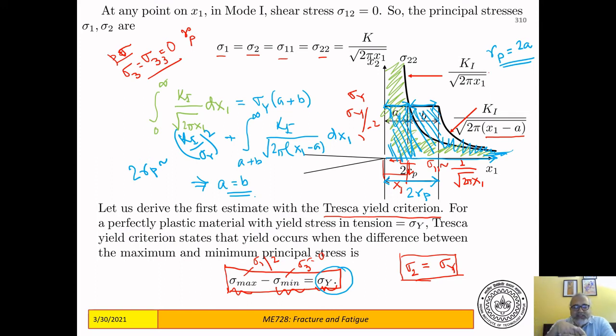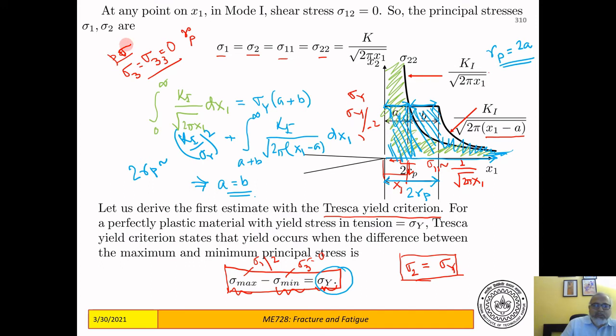In many metals, sigma y would be a function of the plastic strain, and therefore it will change as the plastic strain changes. So those are called hardening materials, and we will look at them later, maybe next week. We will define a perfectly plastic material properly when we deal formally with plasticity, but right now just take it from me that we are assuming a perfectly plastic material for which sigma y is fixed.